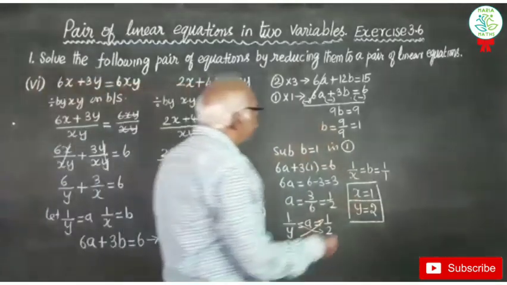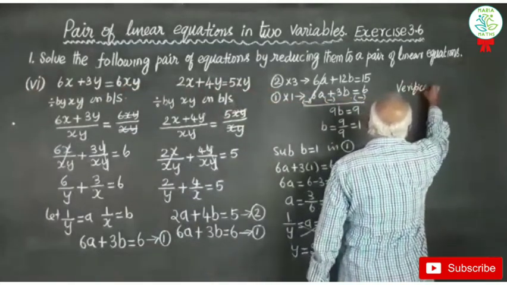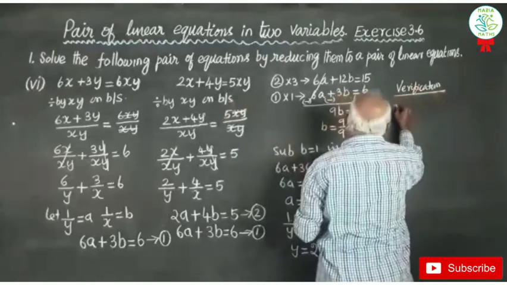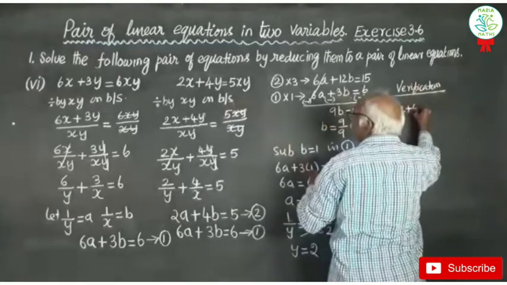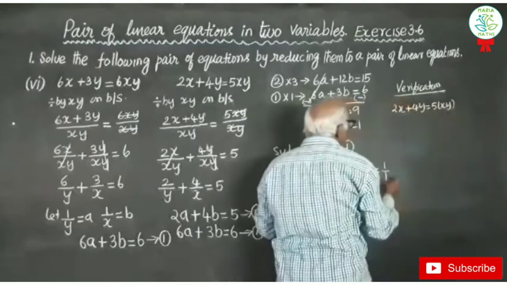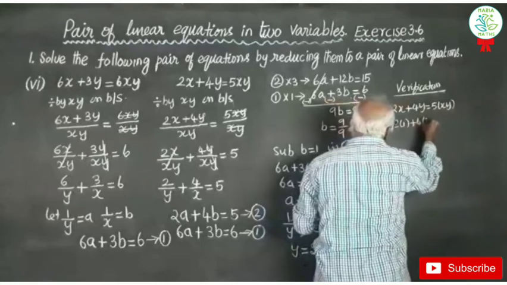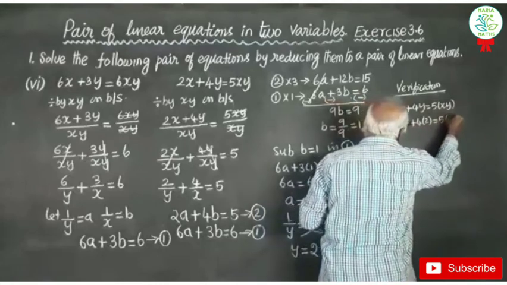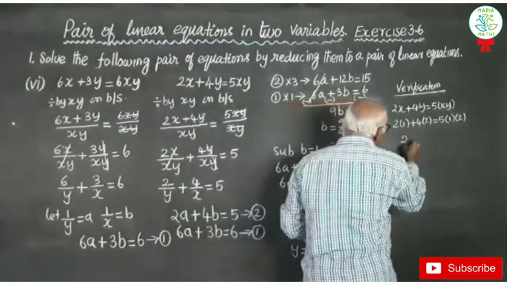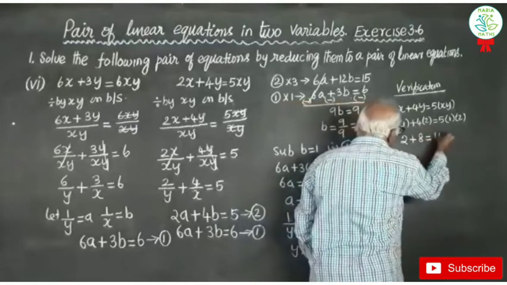Verification. Verify. 2x plus 4y equal to 5xy. 2 into 1 plus 4 into 2 is equal to 5 into 1 into 2. 2 plus 8 is equal to 10. 10 equal to 10.